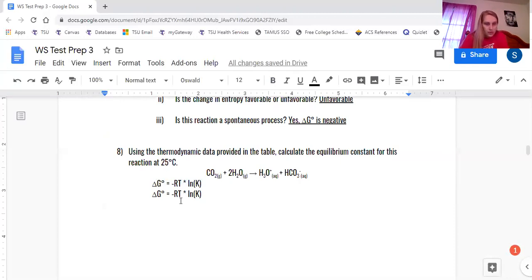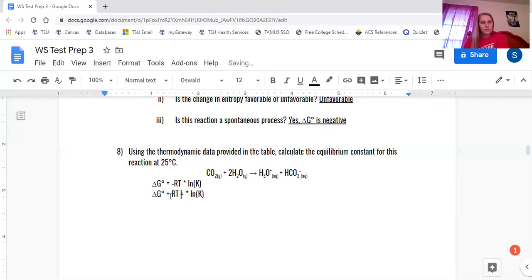And so actually, let's go ahead and rearrange this in the format that we're going to use, because that'll make it easier for doing math later, in my personal opinion. So we go ahead and add RT to both sides and have this as plus RT.